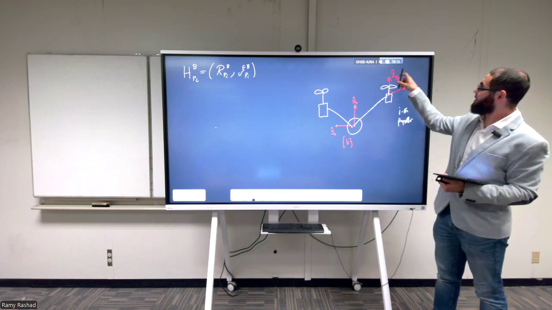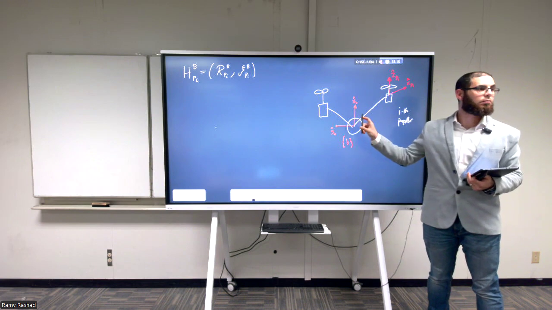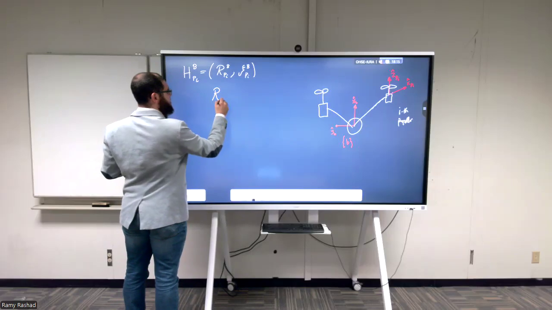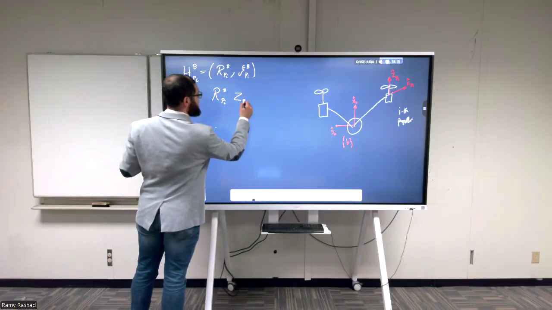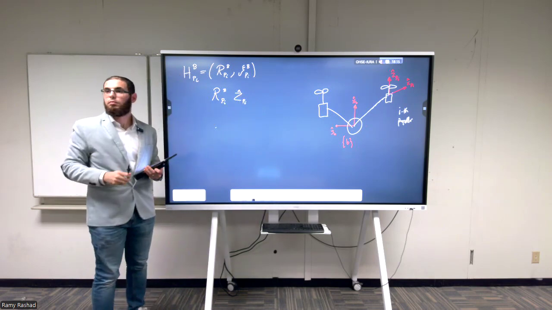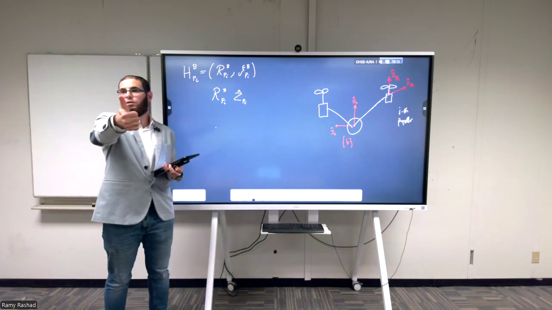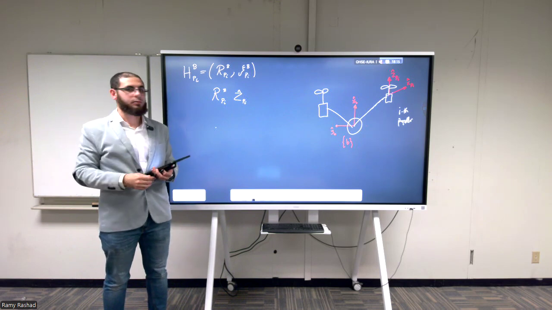But I need to know what the Z_PI hat looks like in the B frame. How do I do that? The rotation matrix, right? If I multiply R_PI with respect to B by Z_PI hat, this is a vector. What do I get? I get the direction where thrust is produced, seen from the B frame.